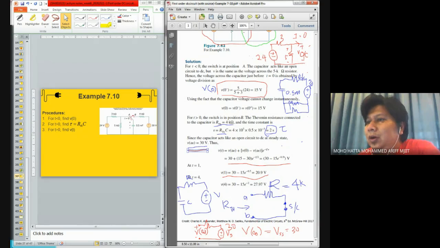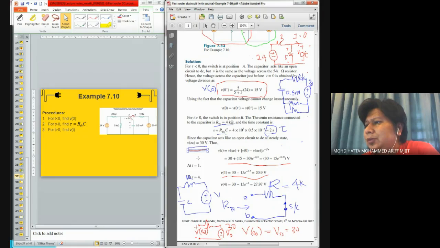Okay, that's example 7.10. There are two things that I think are hidden over here. It says to calculate RTH, and RTH is given by 4 kilo ohm. Maybe you're wondering how it gets 4 kilo ohm. It comes from this circuit arrangement.